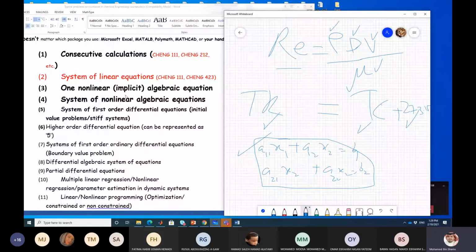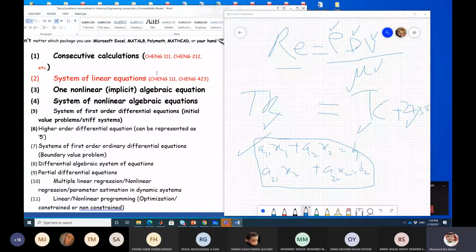One nonlinear implicit algebraic equation. Well, in triple one P, we're calculating the adiabatic maximum temperature. Anything, guys, that needs trial and error is this type of problem. Okay, bubble point calculation, the dew point calculation, where you are calculating pressure or temperature.